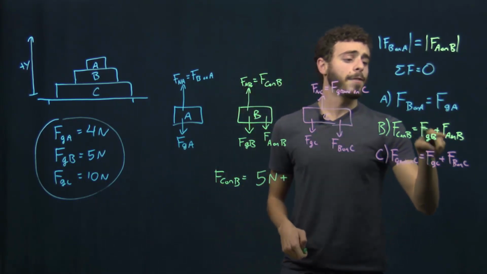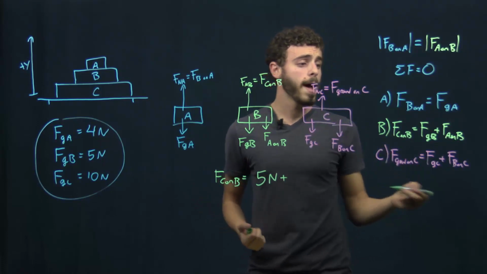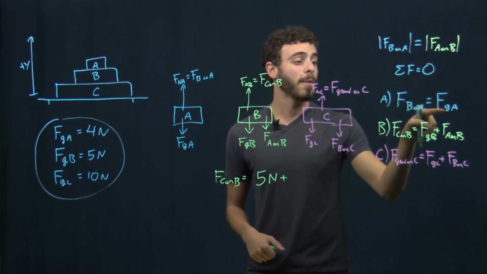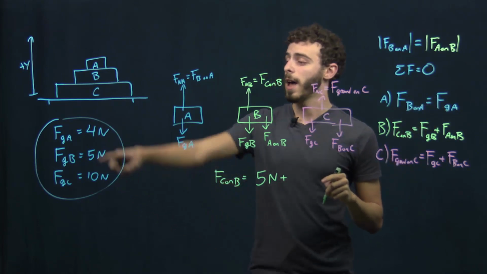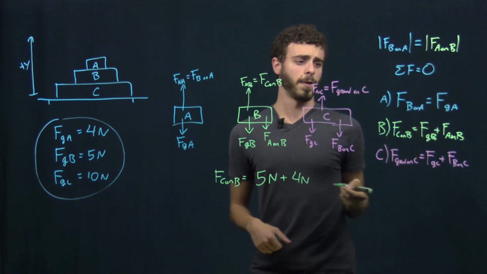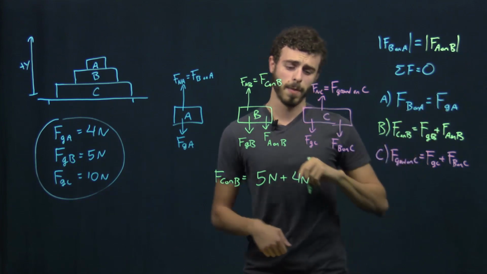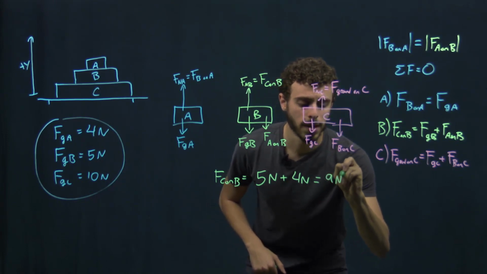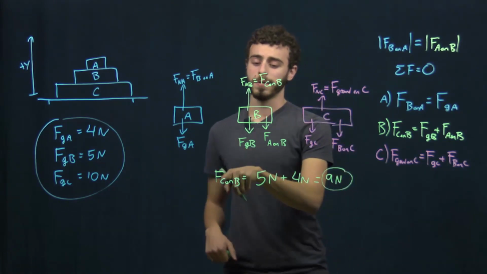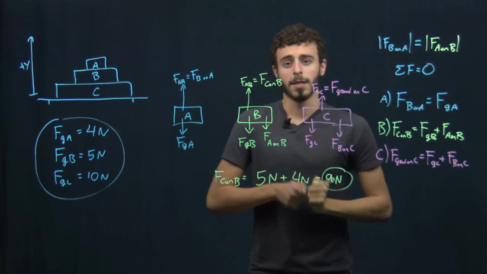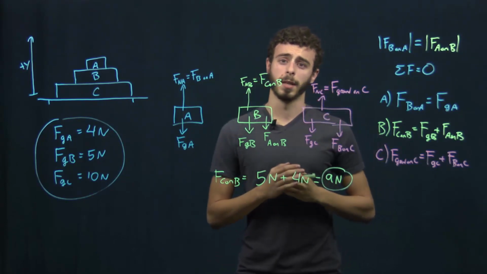And then it's plus F of A on B, which we don't know right away, but we know that's the third law pair of F of B on A, and that we see is equal to the force of gravity on A. So that is equal to 4 newtons. We can just infer from the line above it this force right here. So now we have just 5 plus 4. This will give us a final answer that the force of block C on block B must be equal to 9 newtons.